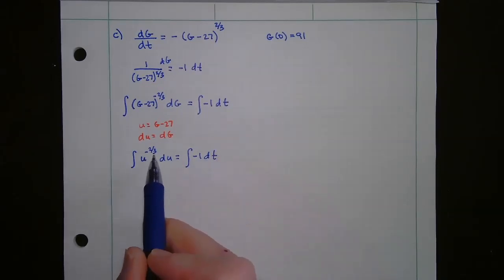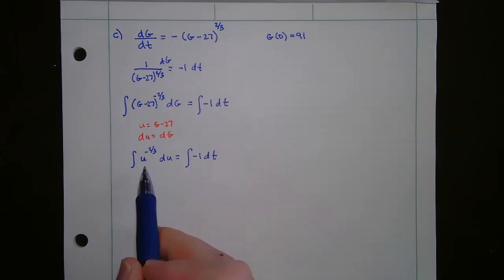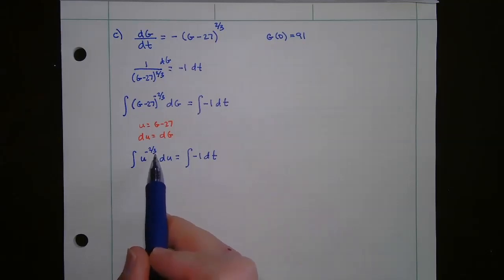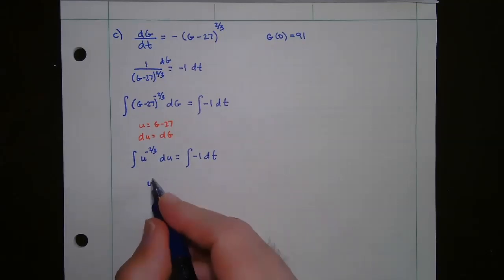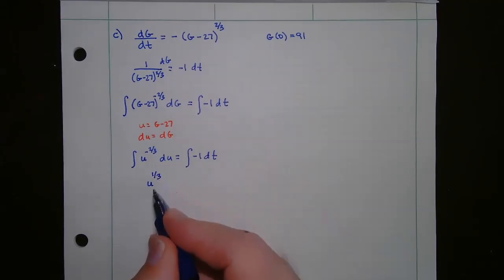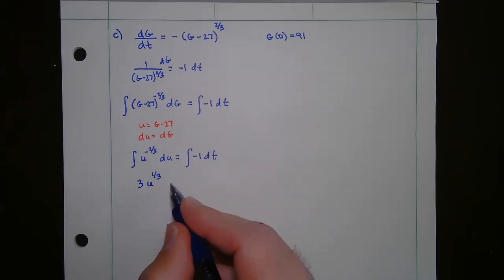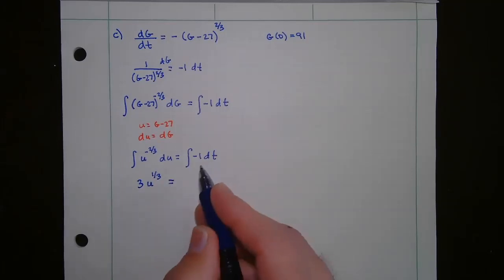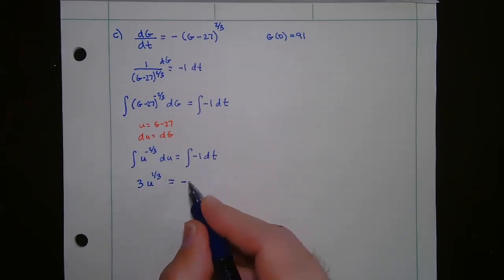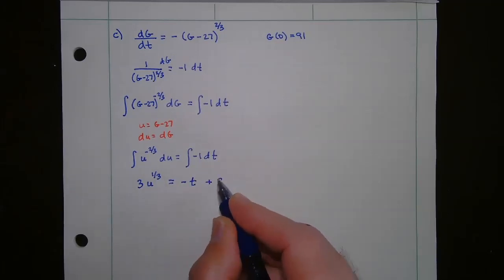We're going to add 1 to the power and divide by that new power, so we add 3/3. That makes u to the 1/3 divided by 1/3, but a better way is to multiply by 3. And that's equal to -t plus c.